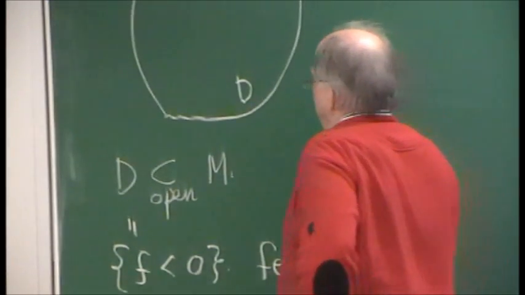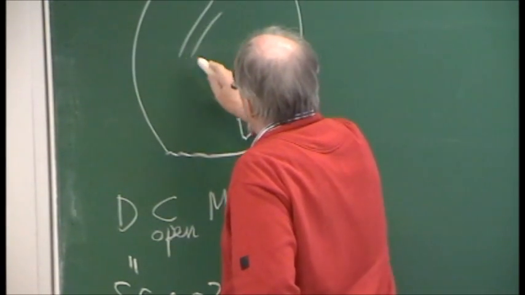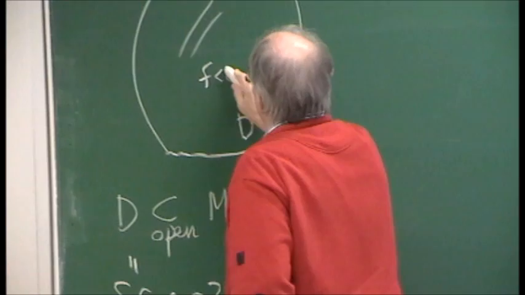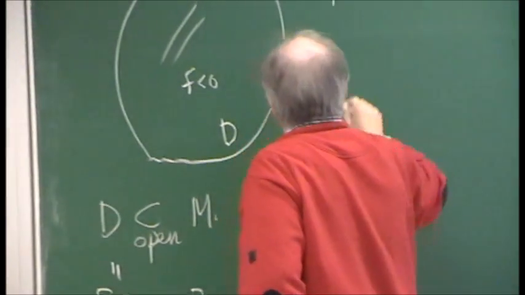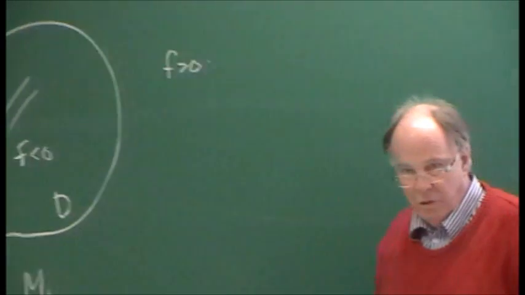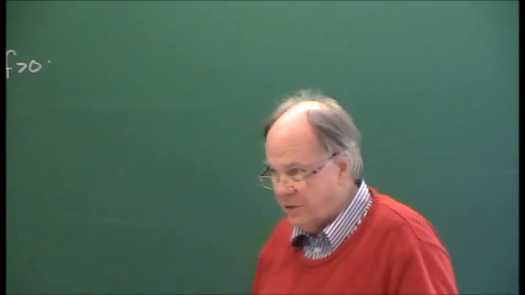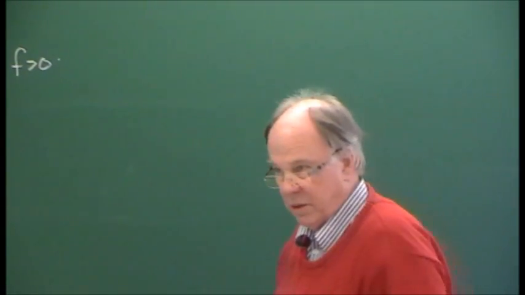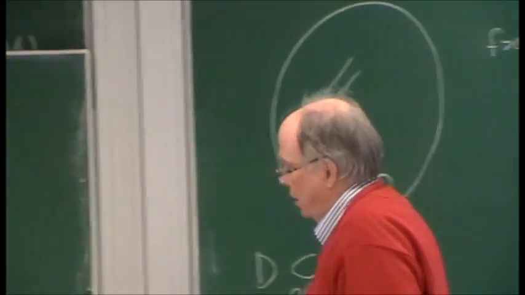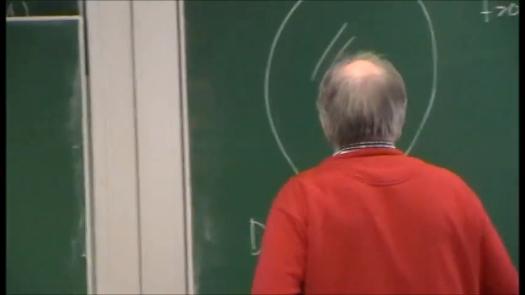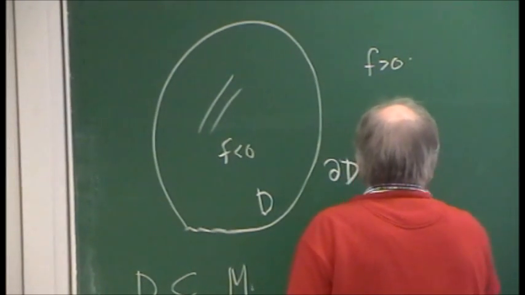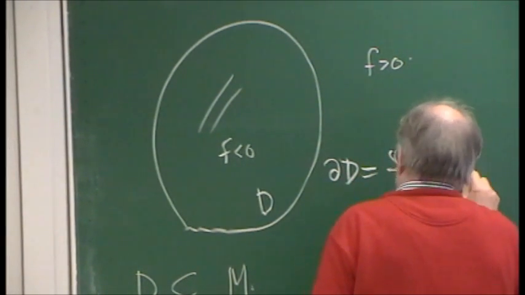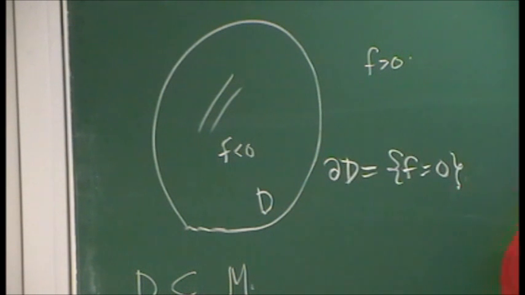Okay, so you have some domain, and inside the domain here, f is negative, and your intuition should be outside, f should be positive. And f should be 0 on the boundary. Right? That's what you're feeling about a good domain like this. Okay. So the boundary of this domain should be given by f equals 0. And f equals 0 can be catastrophic, as you know.